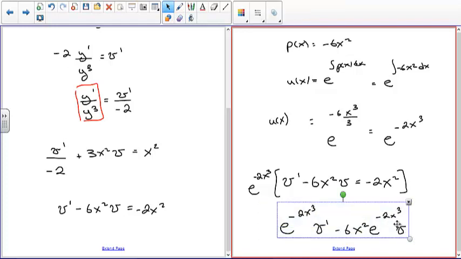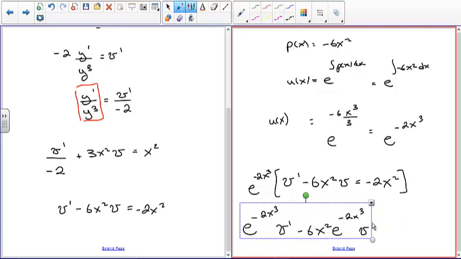And then the last term here equals -2x squared e to the minus 2x cubed.